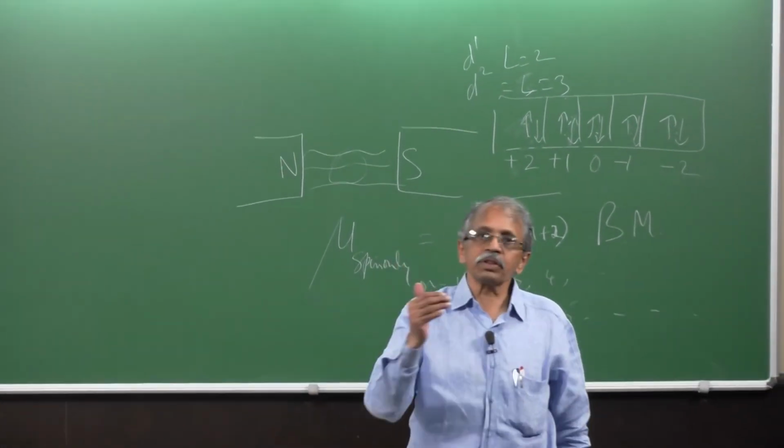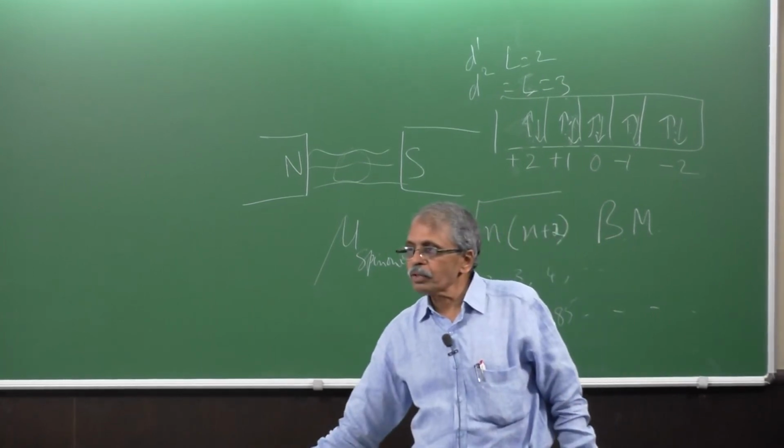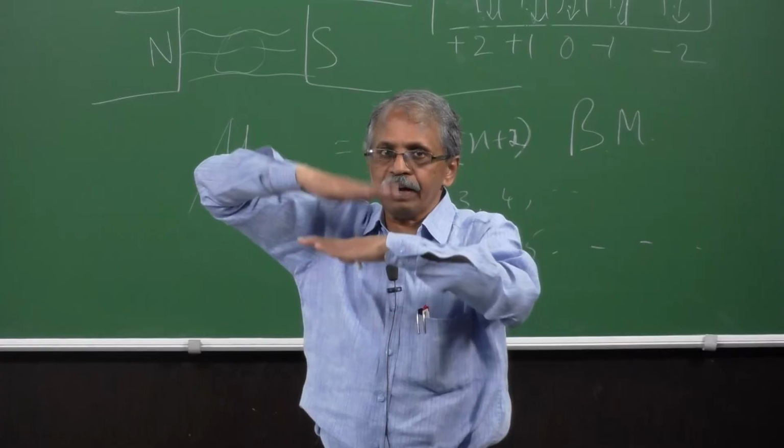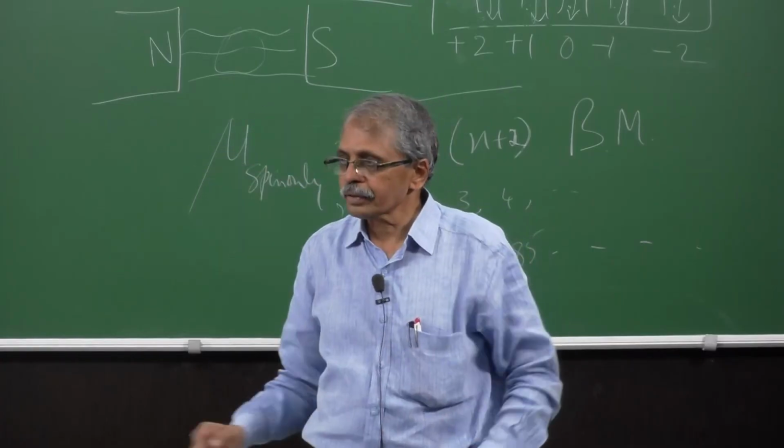So delta turns out to be small and lambda higher, whereas for transition metals, delta turns out to be greater and lambda smaller. Therefore you can ignore the L contribution many times, not always. But in lanthanides you cannot completely ignore the contribution of L, because the coupling is much greater than the crystal field splitting. In f orbitals, crystal field splitting is smaller.